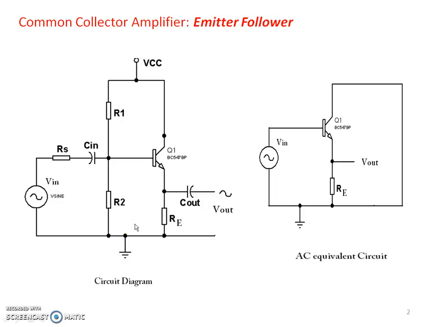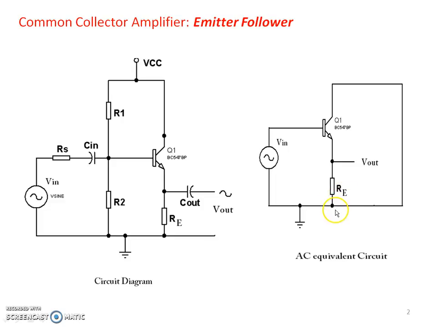Now let us look at the AC equivalent circuit of this common collector amplifier, wherein while drawing an AC equivalent circuit diagram, all capacitors will act as a short circuit and DC supplies are found at the ground potential as far as AC signal is concerned. If we look at this AC equivalent circuit diagram, we find that input is connected between the base and collector terminals of the transistor and output is effectively taken between the emitter and ground terminal.